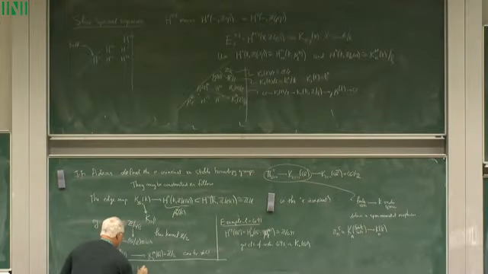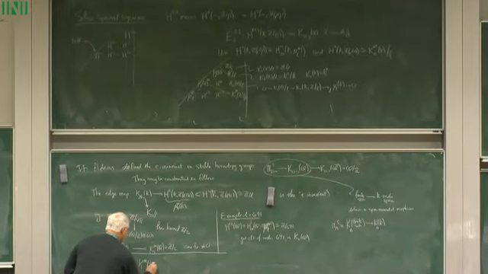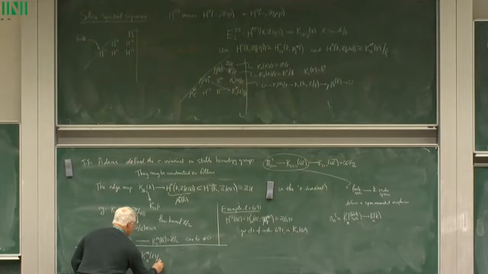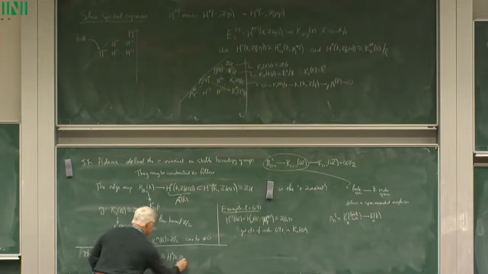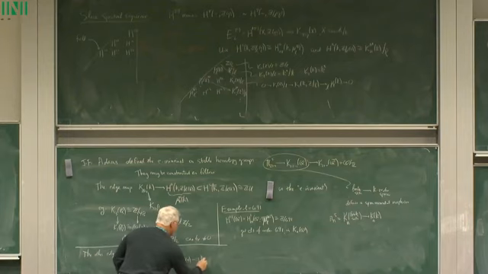So it's K Milnor n mod L, which is the same thing as H^n of K with coefficients in Z mod L, parentheses n, and that's mapping into K_n of K mod L.